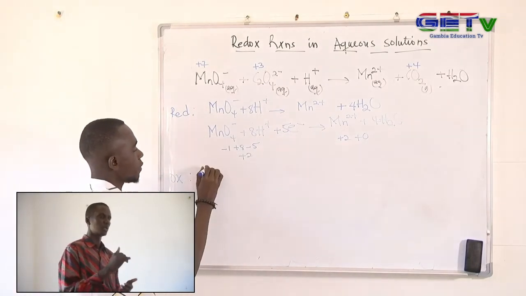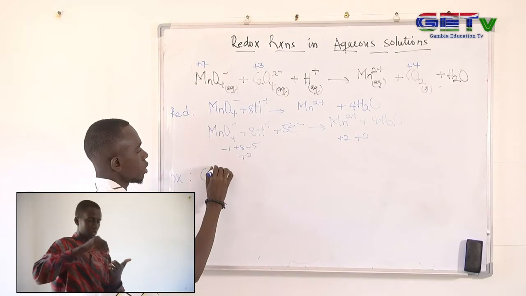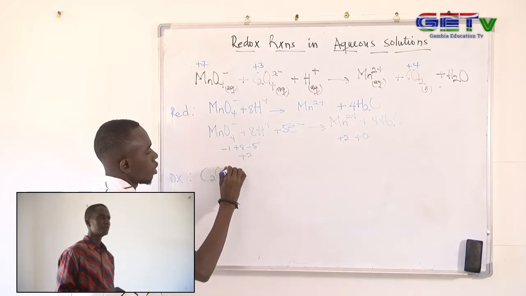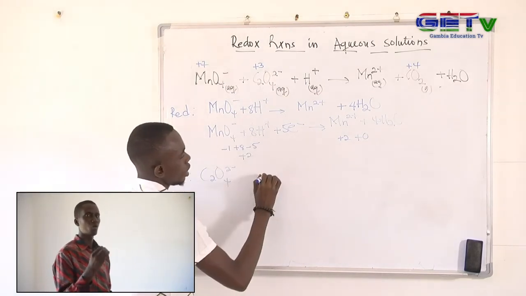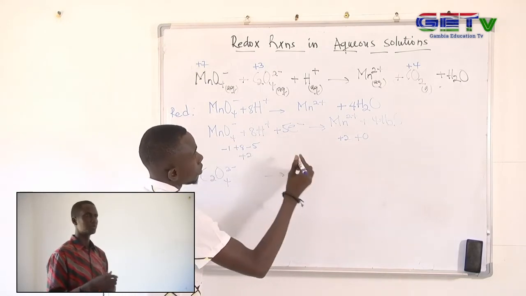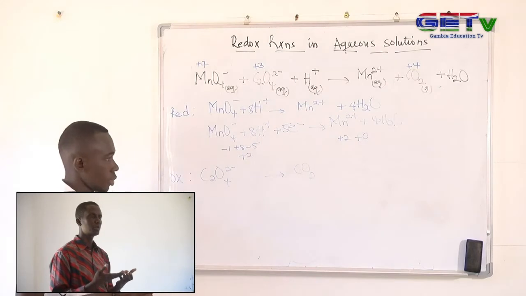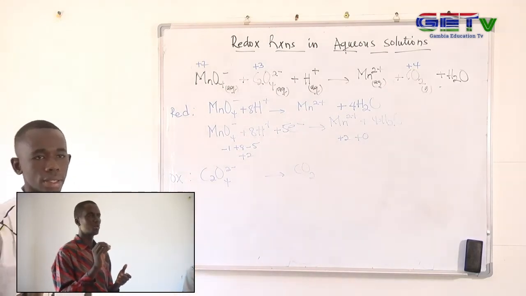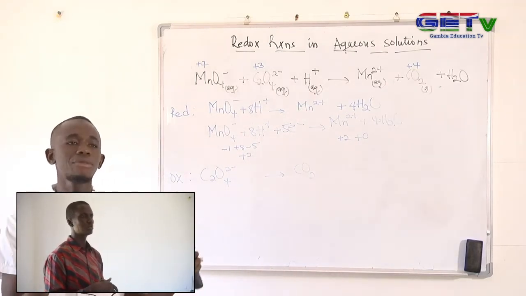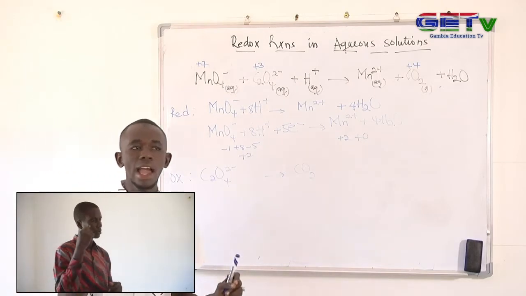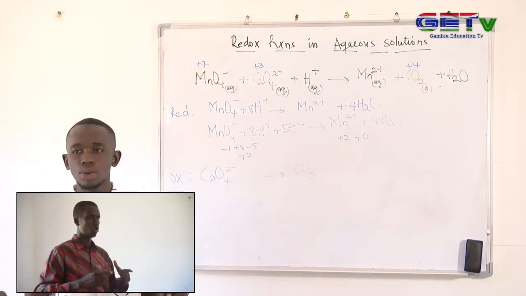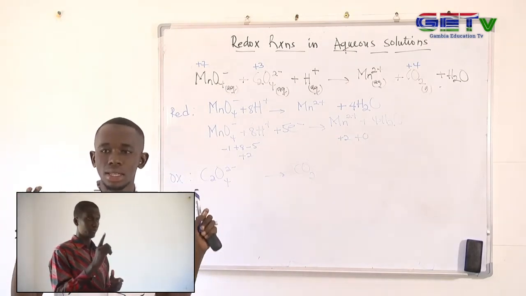So here we will have C2O4 2 minus. This will give us CO2. Now the rule also says, if you can balance any half reaction without adding hydrogen ion or water molecule, you can balance it like that.